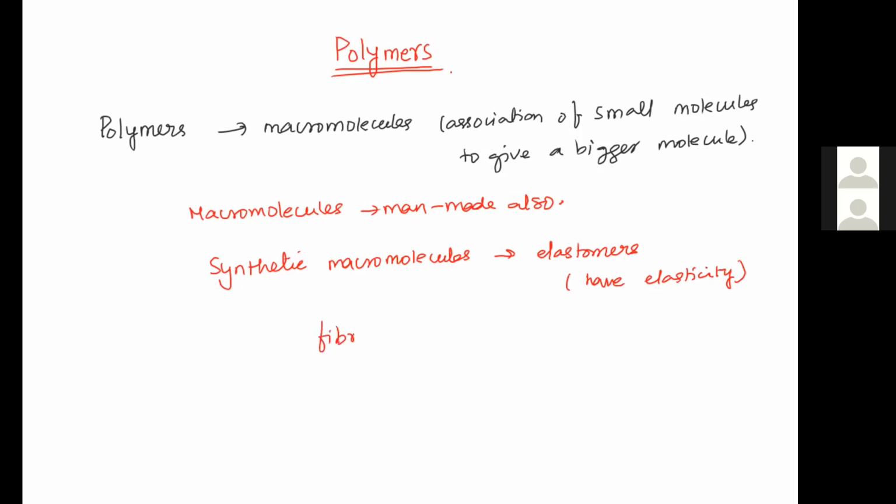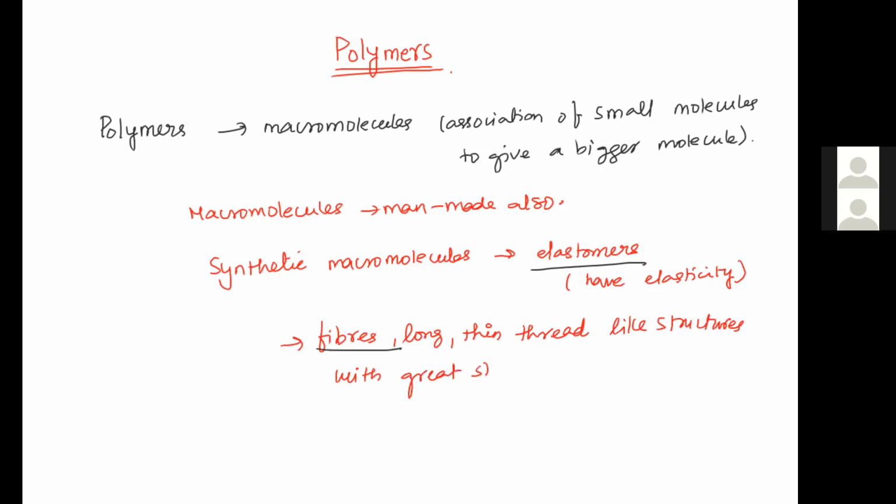We have fibers, which are long, thin, thread-like structures, but with great strength. Like wool, silk, which characterizes like this, not exactly them, but which have characteristics like these.